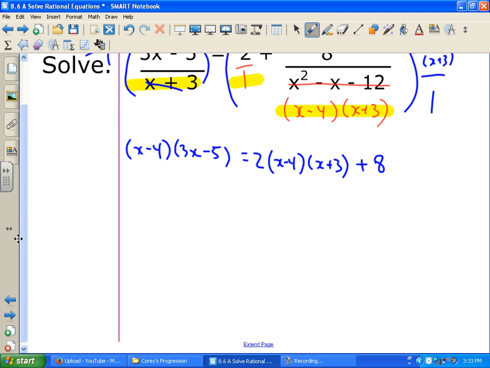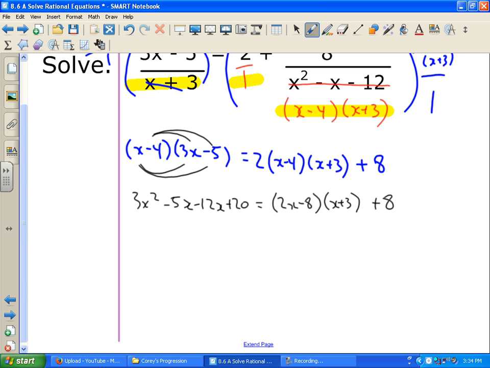Solving here, we've got a multiply, double distribute, FOIL, whatever you would like to call it. That's going to be 3x squared minus 5x minus 12x plus 20. Over here, we're going to have 2x minus 8 times x plus 3 plus 8.